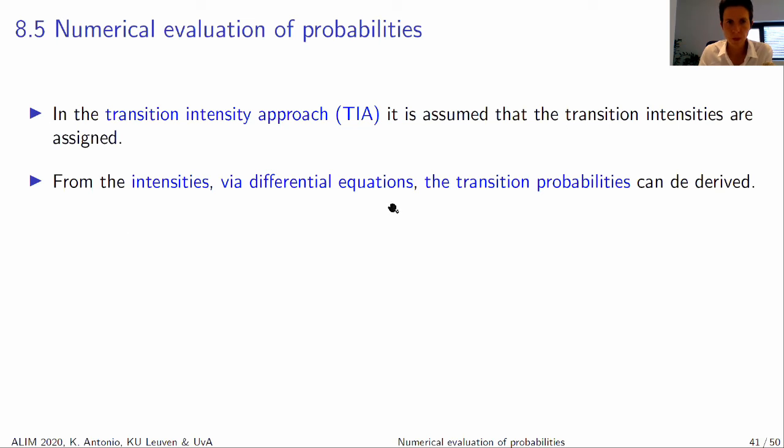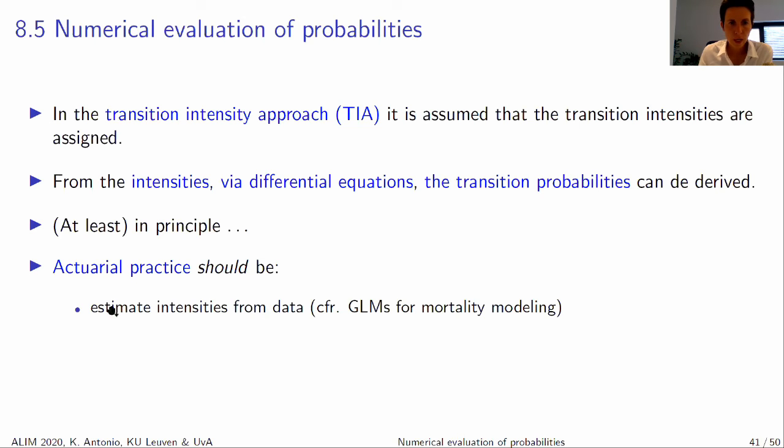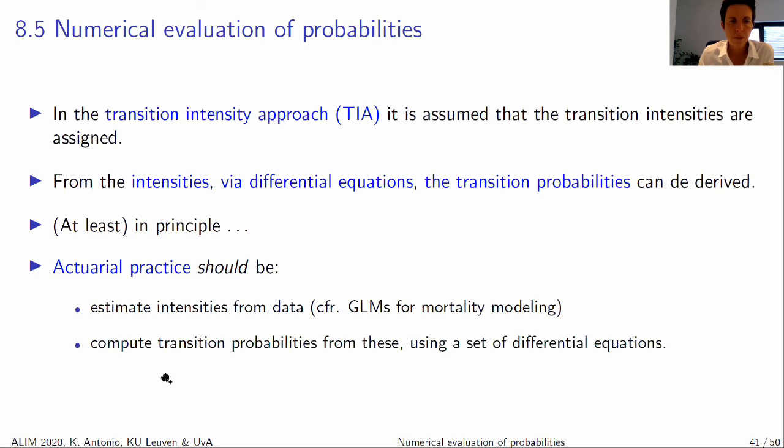That's the strategy that we outline here in the second bullet. So actuarial practice should be: estimate these intensities from data, then compute the probabilities from these using a set of differential equations.